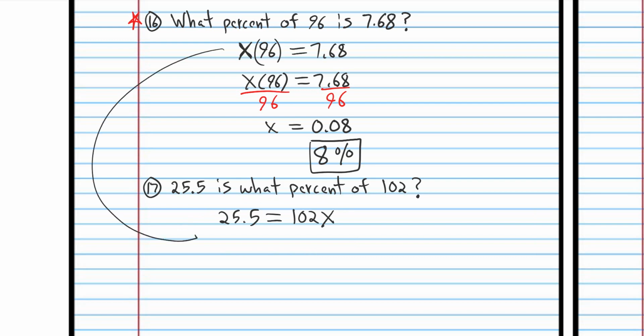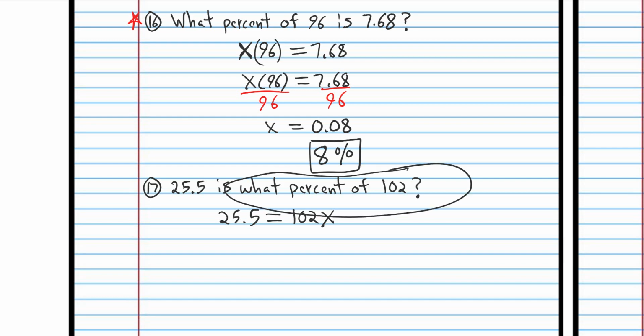These equations, you got to be careful that you put the number in the right place. So what percent of 102? So you take the decimal form of the percent and you multiply it by 102, and that equals 25.5. So be careful about that. One way to avoid that problem is think of the word is as the equal sign.